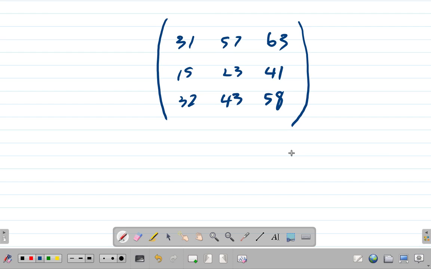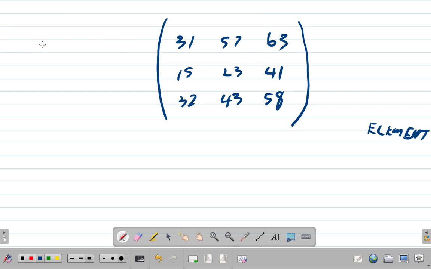Nice. This is a matrix. Now, let's look at the parts of the matrix. Each of the numbers is called an element. It's an element of the matrix. You see that?